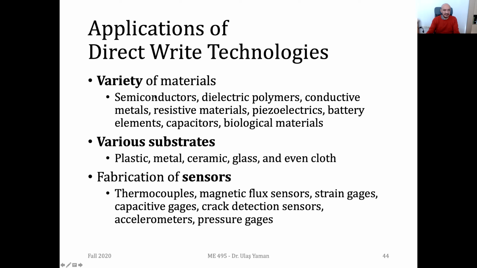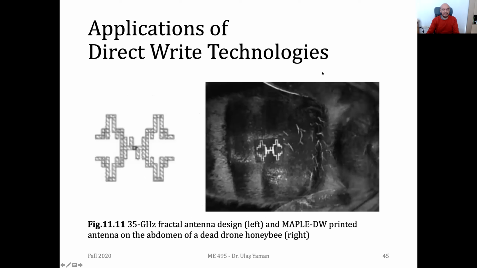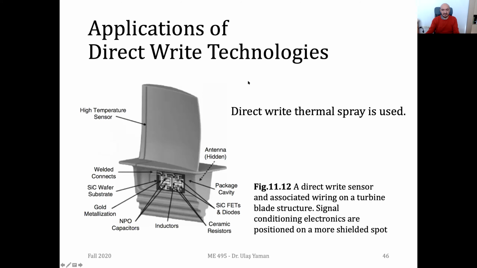And with the help of these advantages, in summary, you can fabricate various sensors like antennas, thermocouples, strain gauges. They're all possible with the help of these direct write technologies. Here's an example. As you see, we have a honeybee, and on this honeybee they have printed an antenna, and they have done it with the help of direct write technologies.